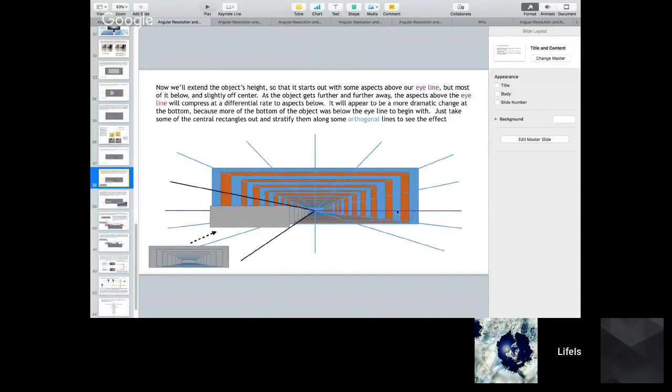And again, I'm modeling this like, okay, now we're going to look at something that's a little bit above my eye line and most of it below, right? As it starts out. And now it's going to move away along, I just modeled out some black orthogonal lines here. These corners are always going to line up to those lines as it moves away from me. And what you'll notice is that the same proportion of this above and below is always the same.